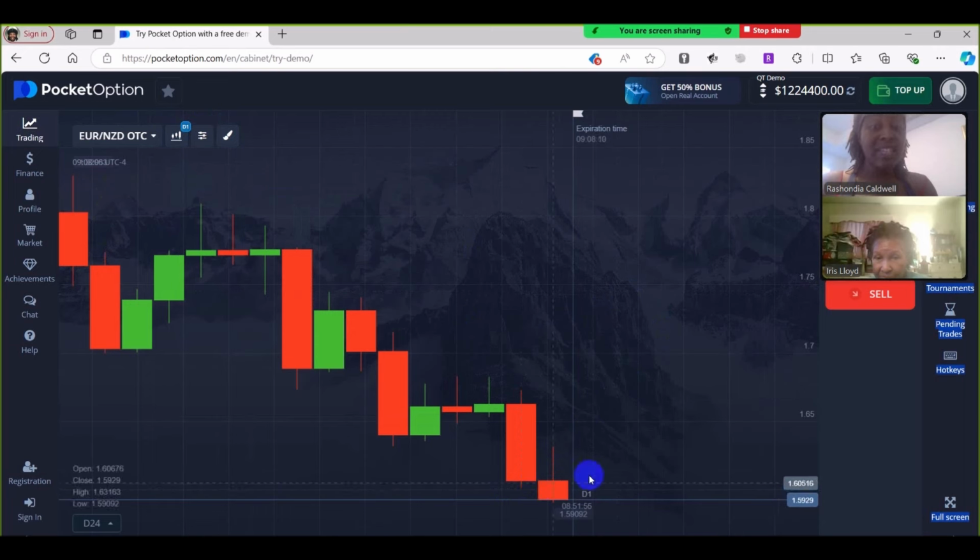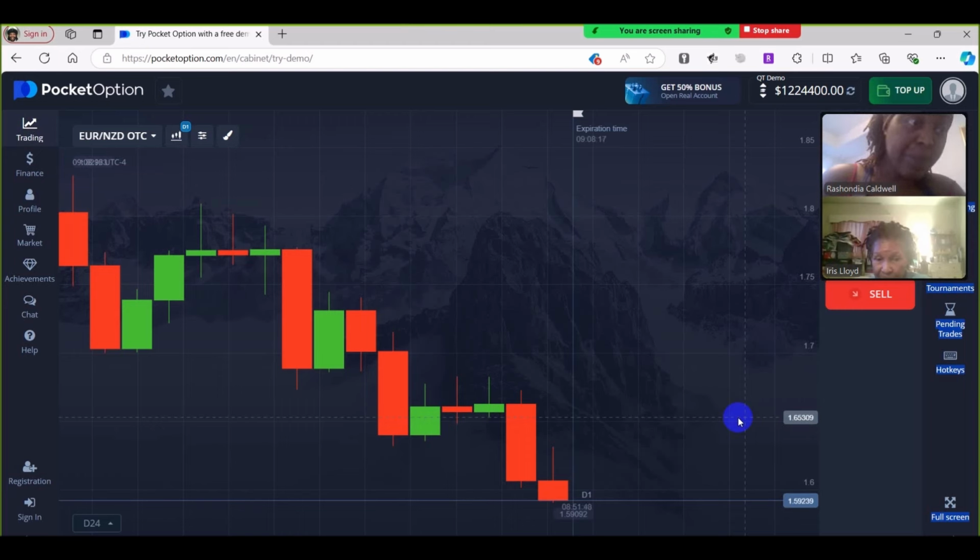This is the daily chart. This candle closes at 5 o'clock p.m. Until 5 o'clock p.m., it's going to just go up and down, up and down, up and down. It's not going to create another candle at all.